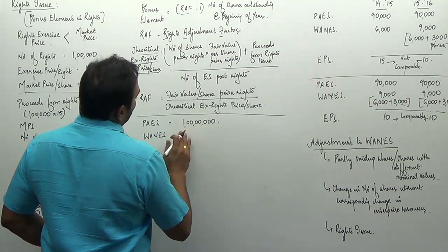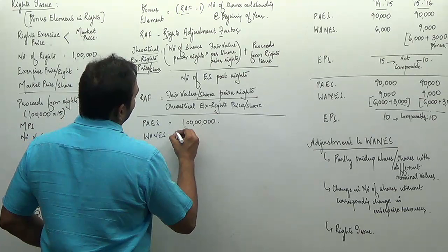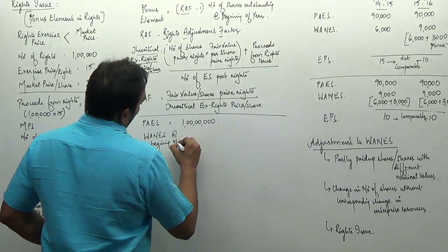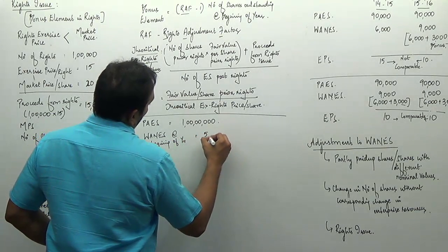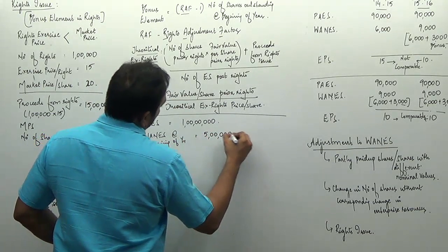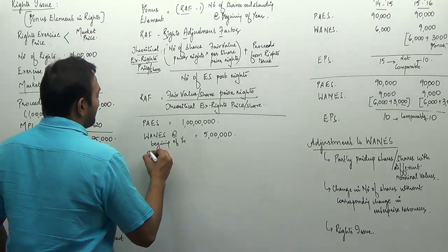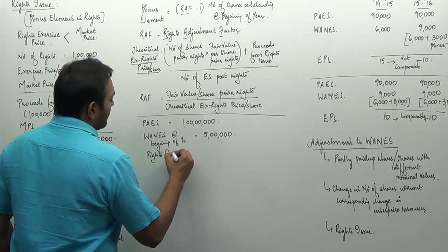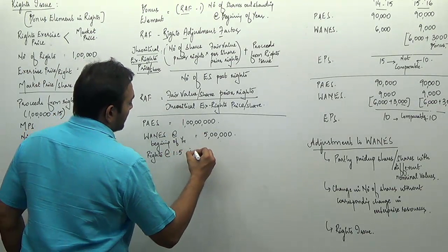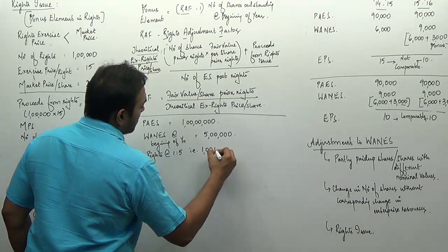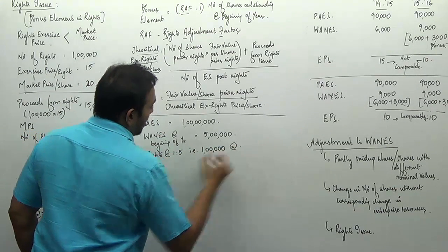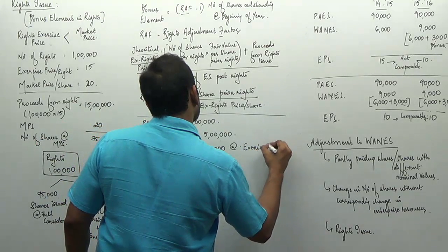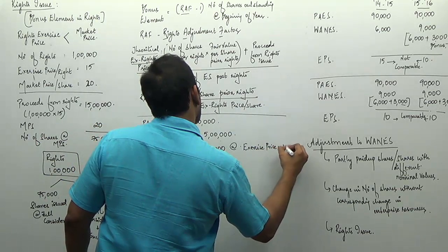Weighted average number of equity shares at the beginning of the year is 5 lakhs. Rights at the rate of 1:5, that is nothing but 1 lakh shares, at an exercise price of 15.